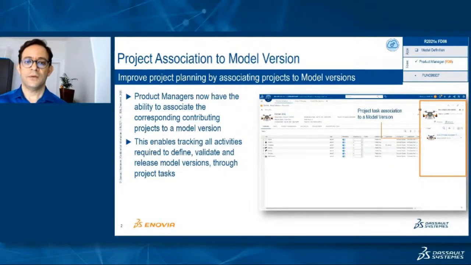So now from within the model version, you can associate a project task directly to the model version, which will allow you to describe the project that corresponds to and will contribute to a specific model version. And this will allow you to track all these activities which are required to define, to validate, and to release that specific model version, again, through the task attachment to a model revision.